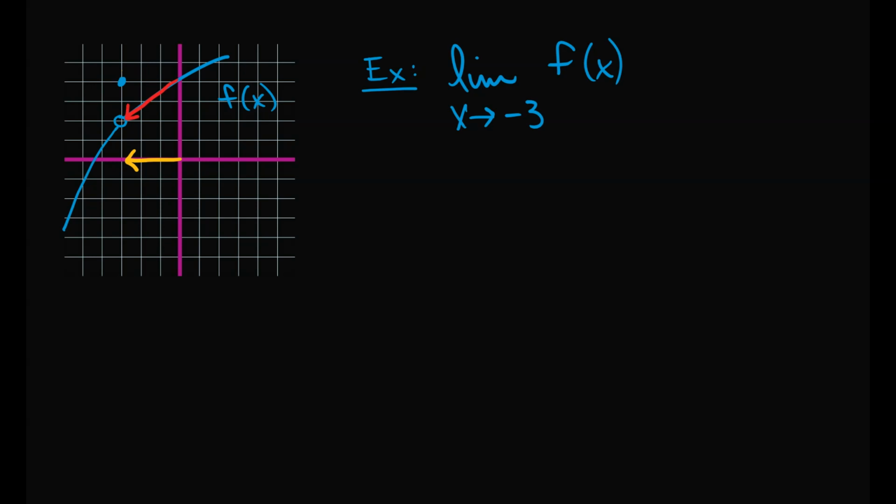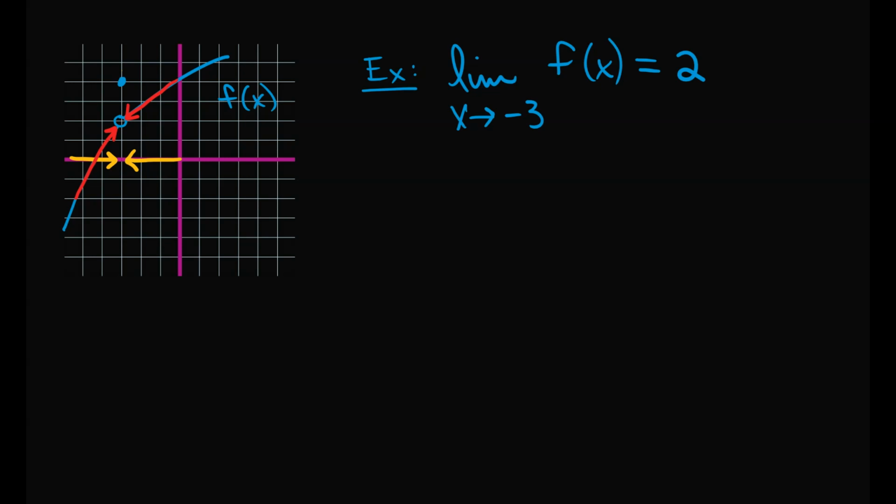And we do the same thing from the other side. As our x values are approaching -3 from values less than -3, we trace the function, and again it looks like it's approaching 2. So it looks like this limit is 2. As the x values are approaching -3 from either side, the function is approaching 2.